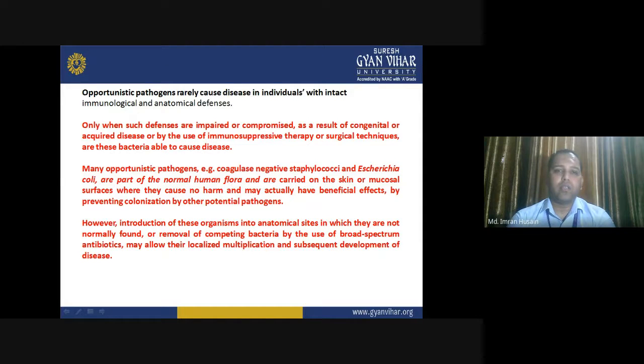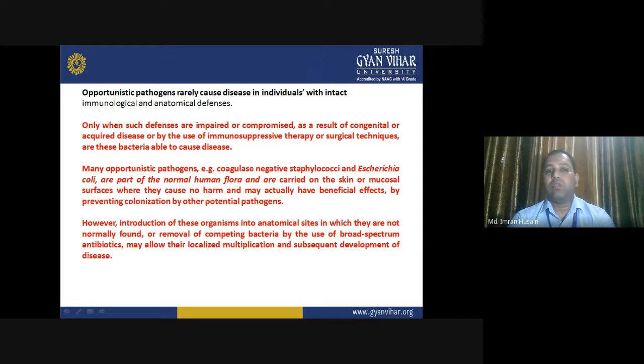What they are trying to explain here is that if the individual is in good health, their immune system is up to the mark, and there are no anatomical or immunological weaknesses, then there is no issue regarding health and other consequences.